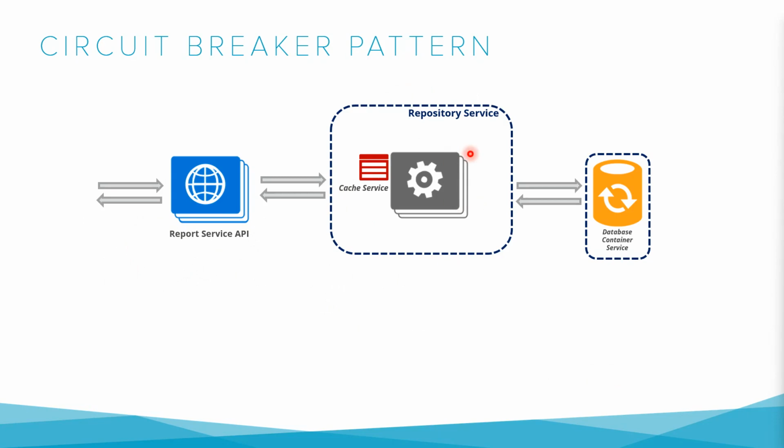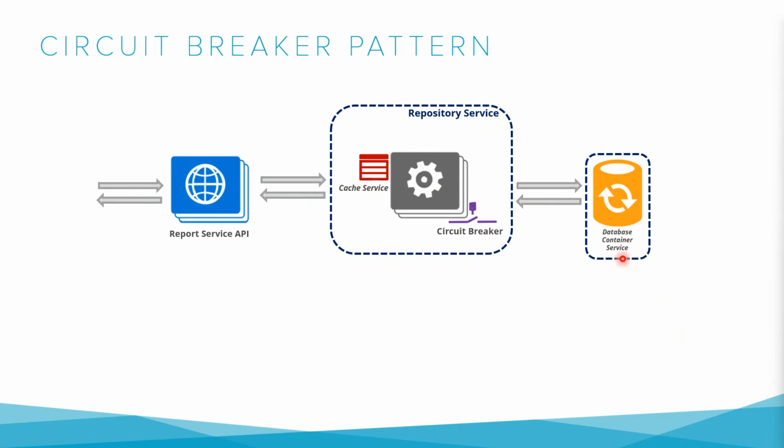This repository application communicates with the database container to collect and process data further. Here we have added a cache service and the circuit breaker service into this repository. In the current scenario, requests and responses are functioning properly. Hence, in this happy flow, our circuit breaker is in the closed state, right?